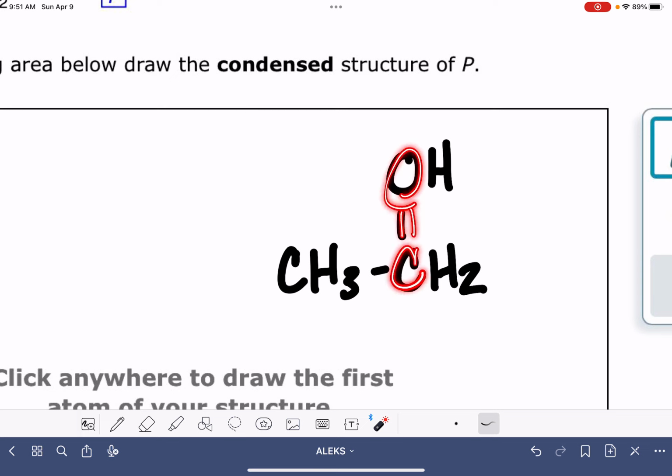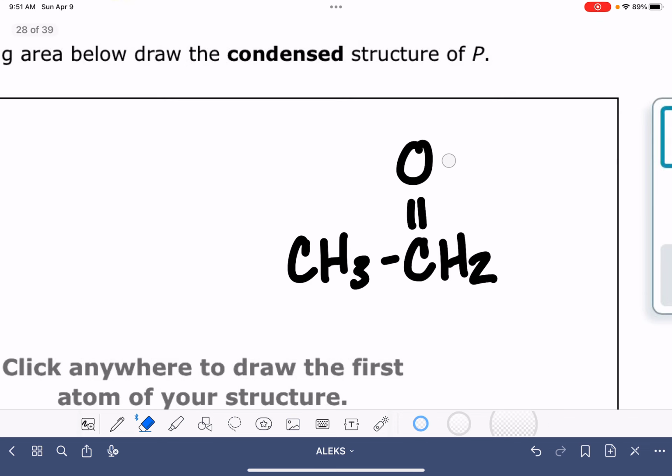And in the conversion process, we added one hydrogen to the oxygen and we added one hydrogen to the carbon. So to back this reaction up, we're going to convert the single bond to a double bond, and we're going to remove one hydrogen atom from the oxygen, and we're going to remove one hydrogen atom from the carbon.